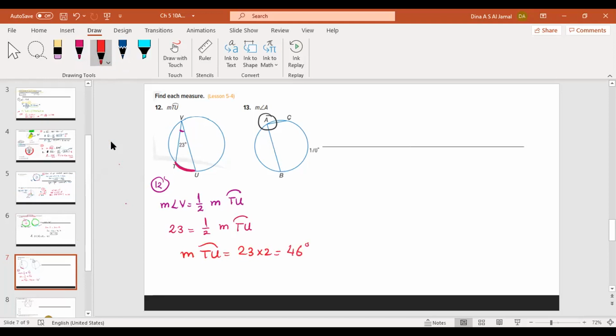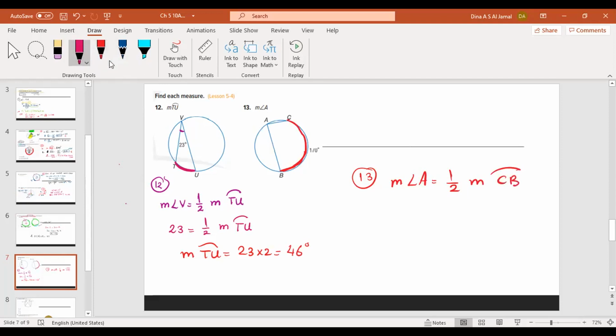Now let's go to question 13. Another inscribed angle, but this time he's asking you about the angle, not the arc, and he gave you the measurement of the arc itself as 170. So the measurement of the angle must be equal to half the measurement of your intercepted arc, which is CB.